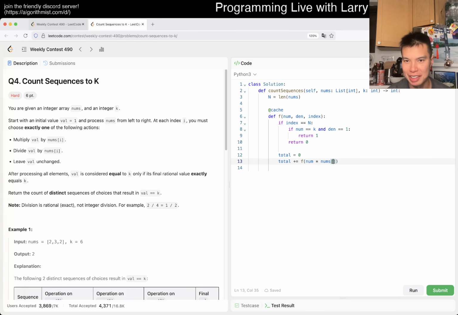So that's actually pretty bad. But okay, index, then index plus 1, right? I mean, I have to rewrite this, but it's fine, maybe. I have to rewrite this.